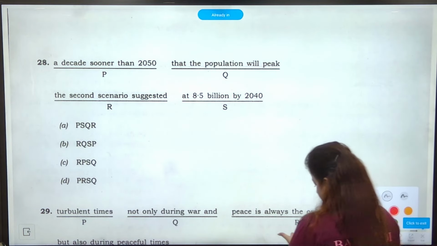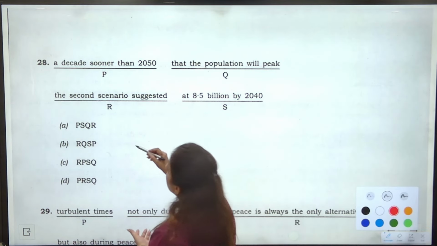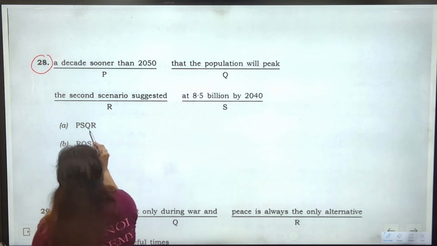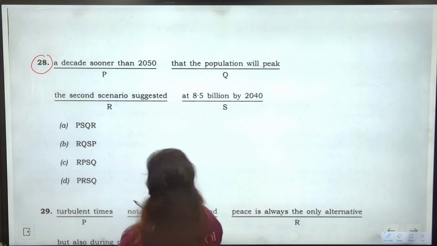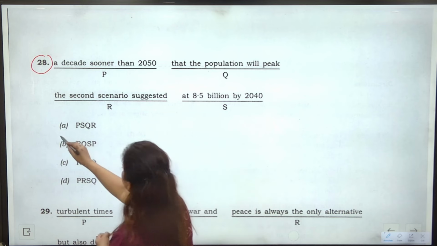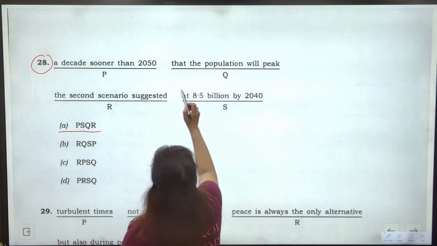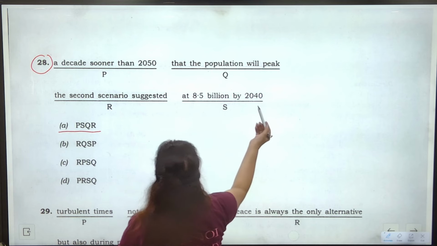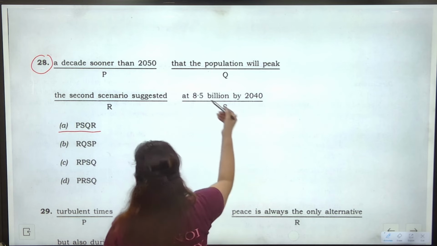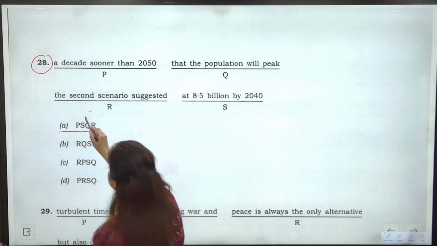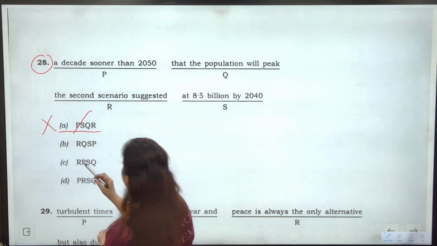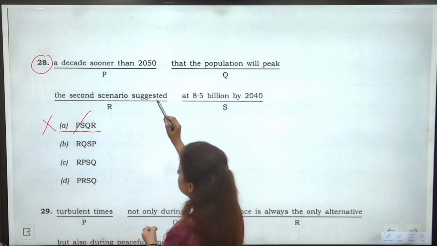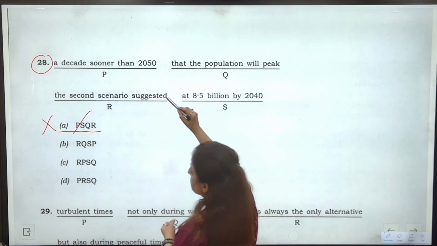Question 28. Let's read Alpha: PSQR. A decade sooner than 2050, at 8.5 billion by 2040. No, the P and S together don't make sense. Let's read RQSP. The second scenario suggested what?